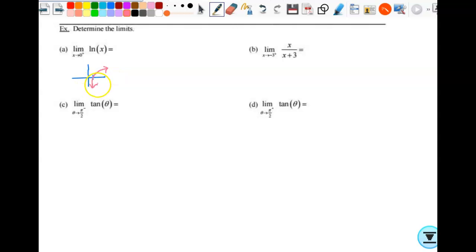Got to know your parent functions. I mean, if you don't know them, you can't answer the question. End of story, because you're not going to know what the natural logs of different numbers are. So as x approaches 0 from the right, what's your answer? Negative infinity.